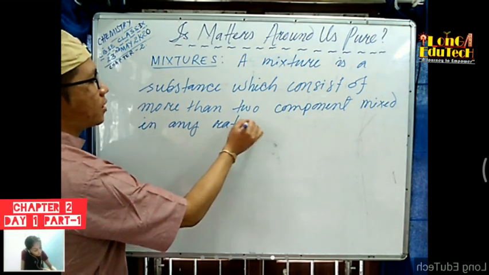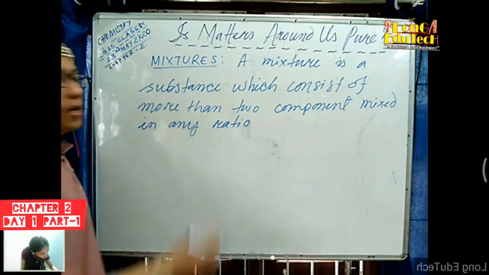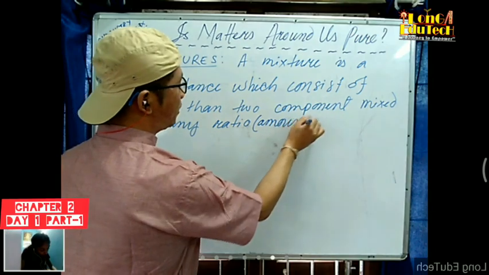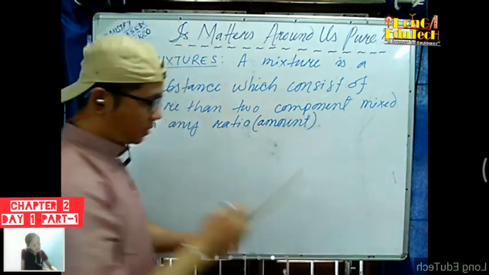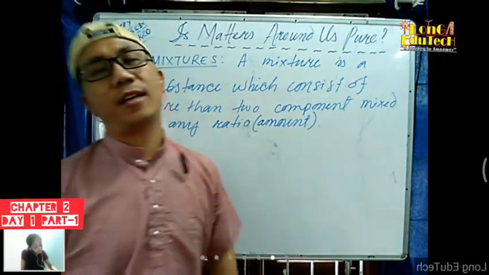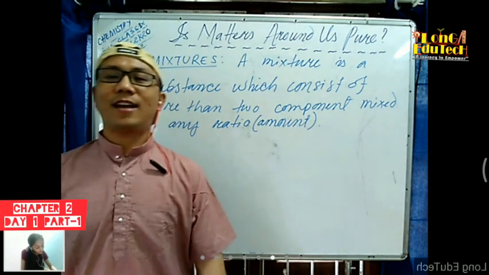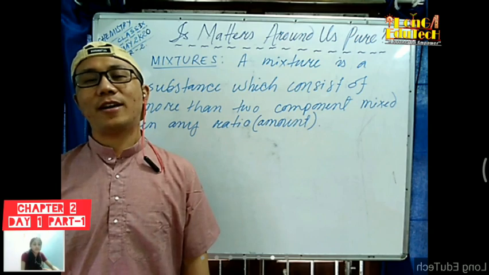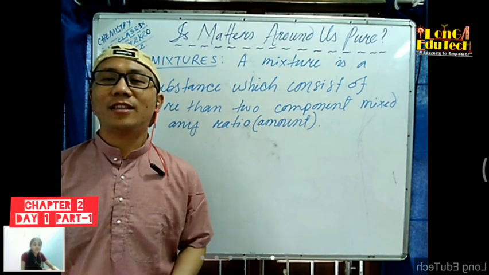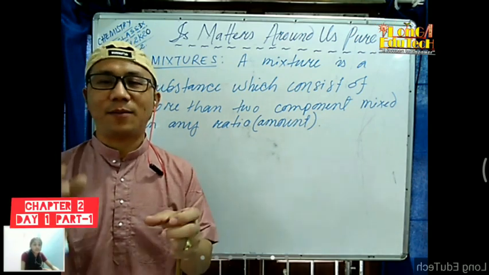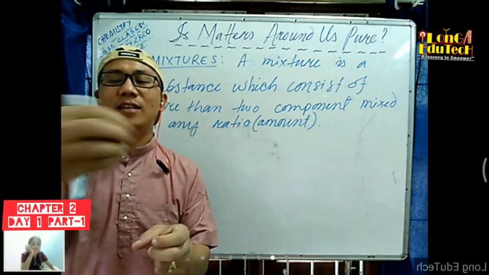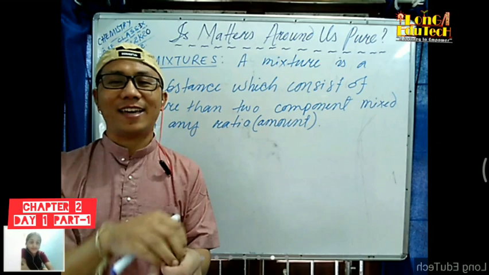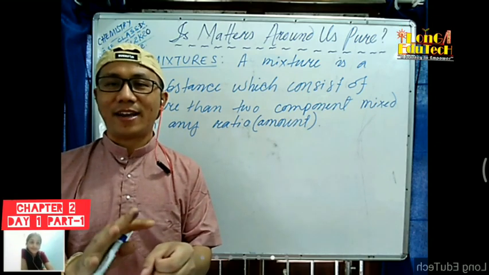Don't get confused about the ratio. We can mix in any amount. I think you used to eat tanamuri, right? You eat it near the roadside, where they are selling it. In the tanamuri, they do not have fixed components, like the almonds should be 5 and the muri should be 100. It is not fixed, right?